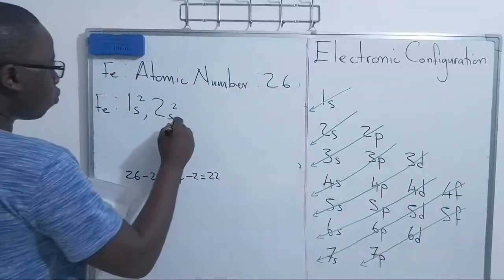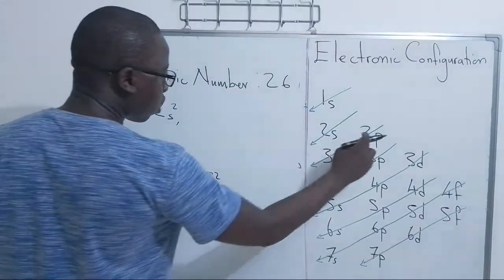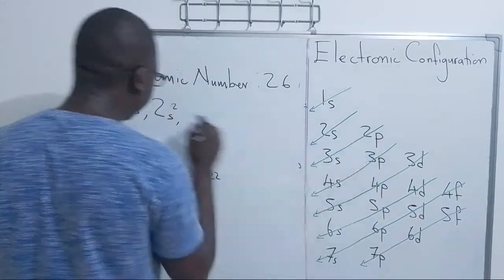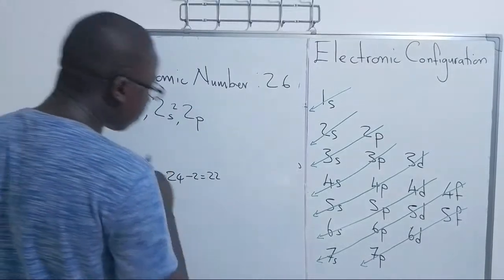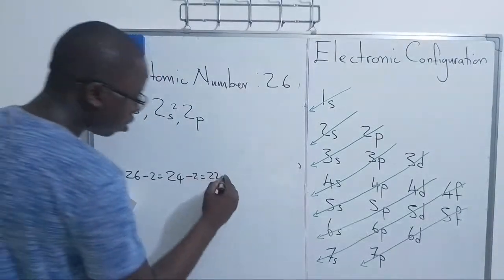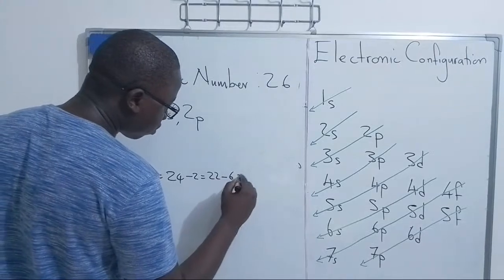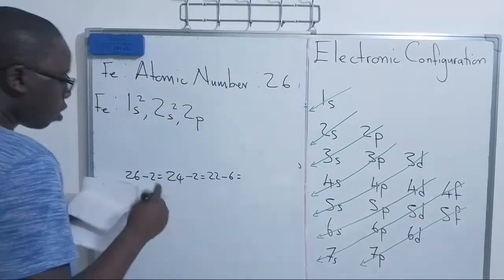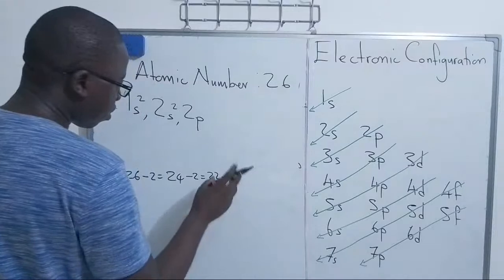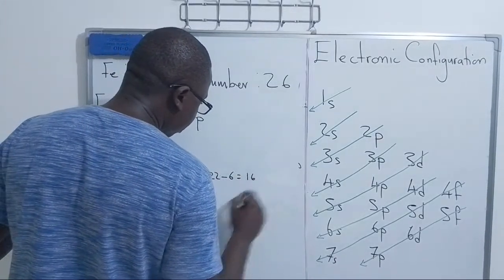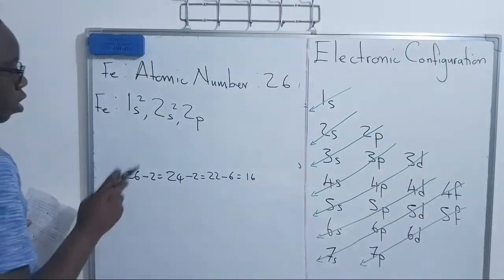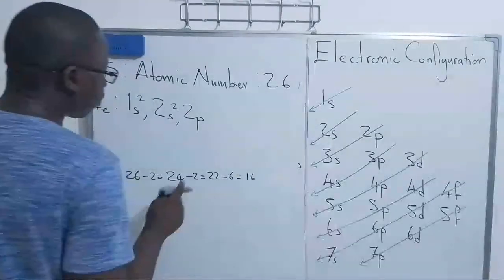And then we go to the next one. From 2s, we are going to 2p. The p orbital can have a maximum number of 6 electrons. So we are saying minus 6. So this minus 6, it will give us 16. So 16 is the remaining electron that we have.